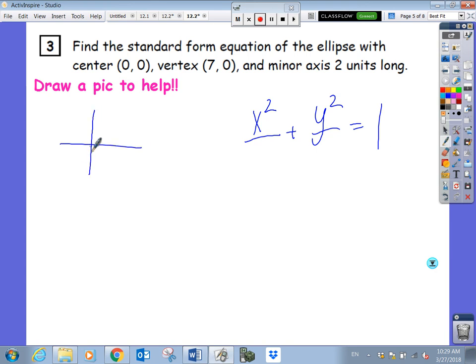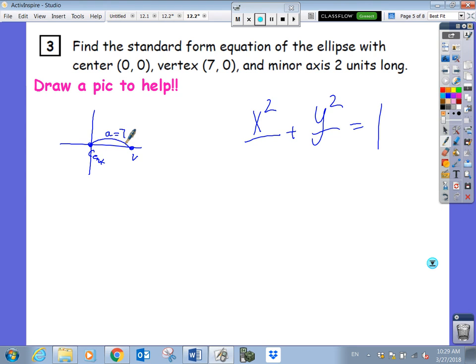So we know the center is (0, 0). We have a vertex over here at (7, 0). So the distance from the center to the vertex is a, and from 0 to 7 is a distance of 7.